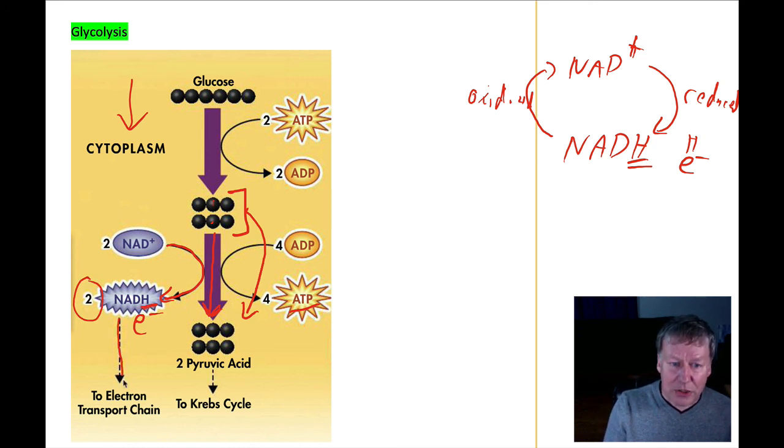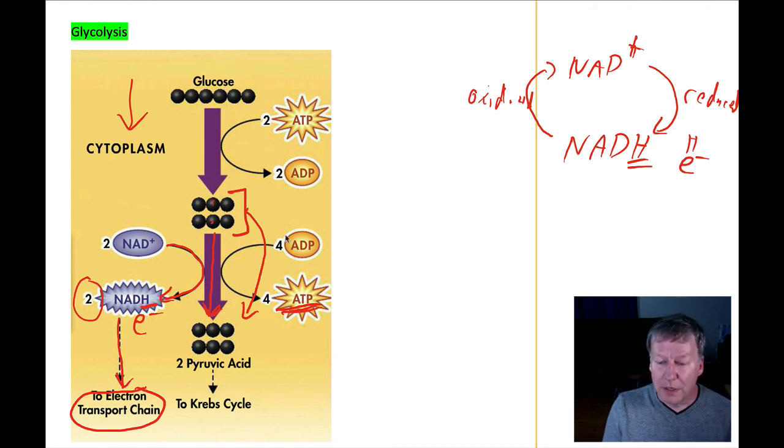So what happens to our NADH? The NADH is going to go down and it's going to skip the Krebs cycle and go straight to the electron transport chain, the final step of cellular respiration. So we'll see that later. That's going to be important in the last step. But remember, we're generating energy in 2 different ways here. The first way, we are directly stripping energy off of this molecule and using it to form ATP molecules.